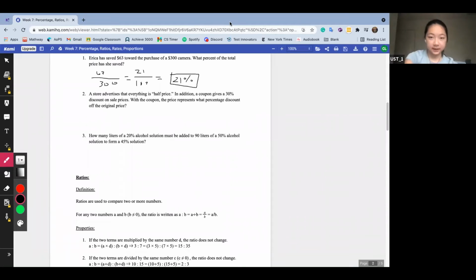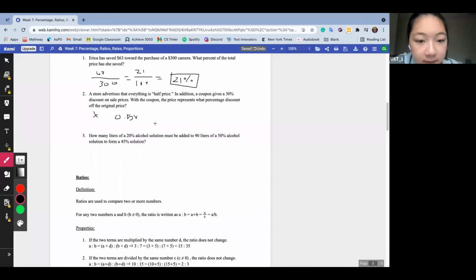Okay, so I want to explain it now. So first we can do the first discount, half price. So it would be 50%. So let's say the original price is X. That means after the first discount, the price is going to be 0.5x. Then there's a 30% discount. And 30% discount means that it will be 70% of the original because 100 minus 30 is 70.